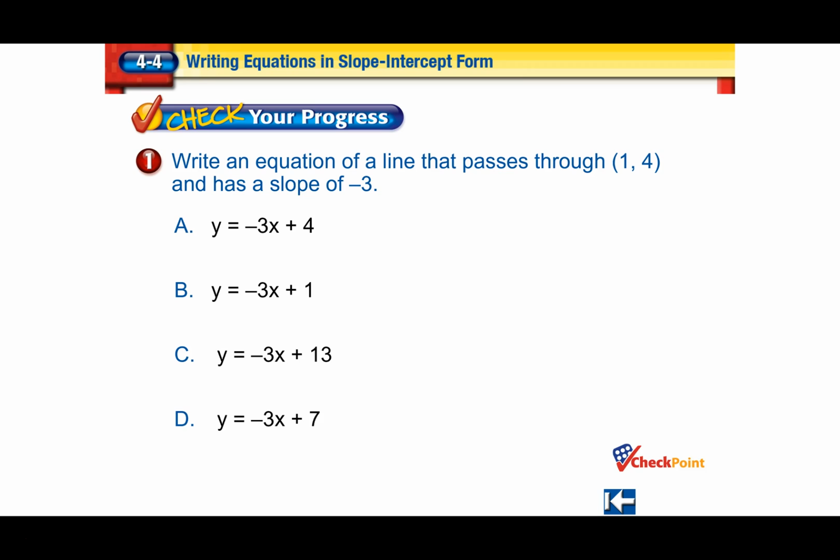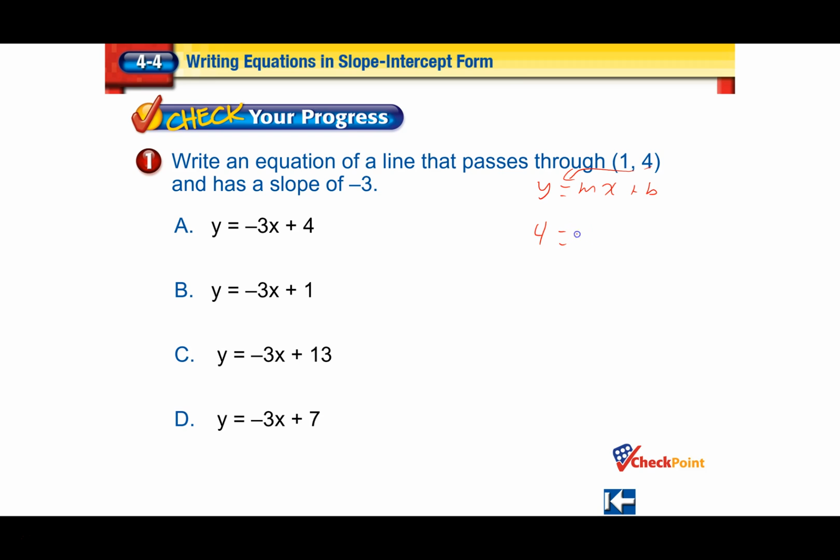Pause this, give it a shot. Okay, so we have a line that passes through 1, 4 and has a slope of -3. So I'm going to put it into my y equals mx plus b. I know that it goes through 1, 4, so 4 goes in for y.